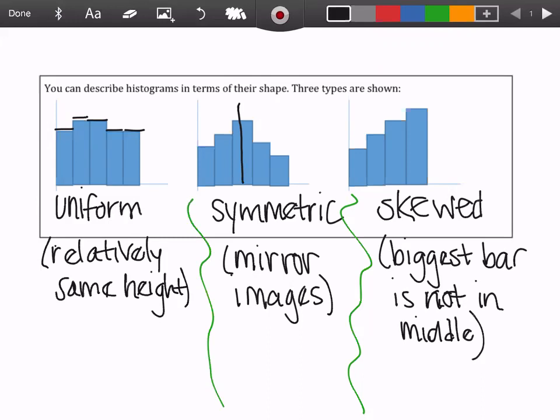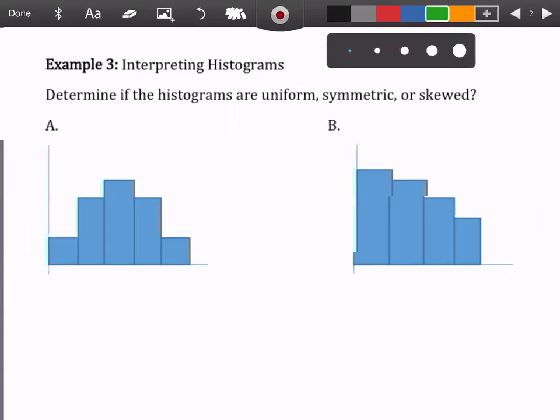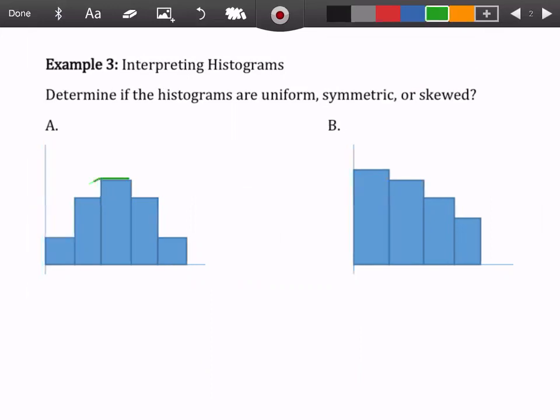Okay, so now we're going to try some examples where you're given pictures of graphs and we need to figure out if they are uniform, symmetric, or skewed. So looking at part A here, we see that bell curve or the mountain curve.